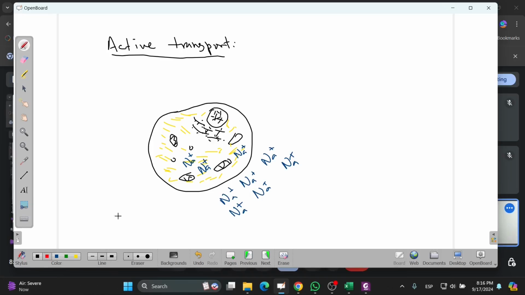And we have a greater concentration of potassium ions inside the cells. Let me put many of them, right? However, we have fewer on the surroundings of the cell. Remember, we call that tissue fluid, right?